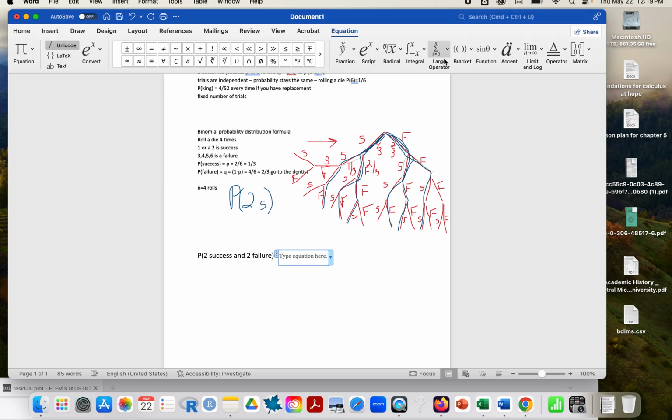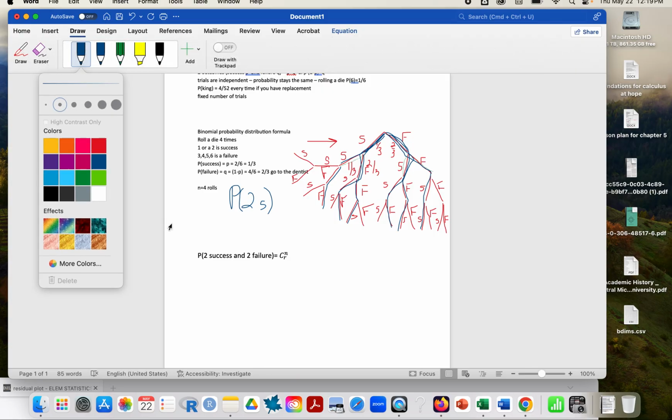So here is my C, here is my n, and here is my, oops, I don't want a capital N, I want a little n, and I want an R. So if you remember in the video that I introduced nCr, I pointed out that sometimes they have different notations.